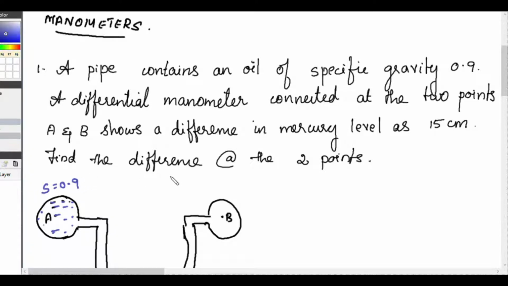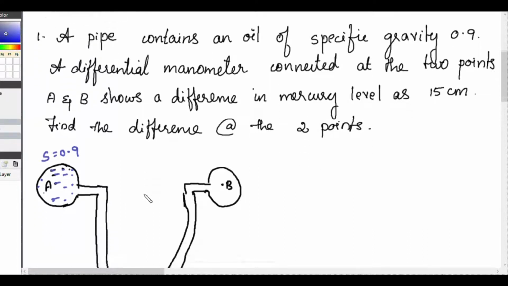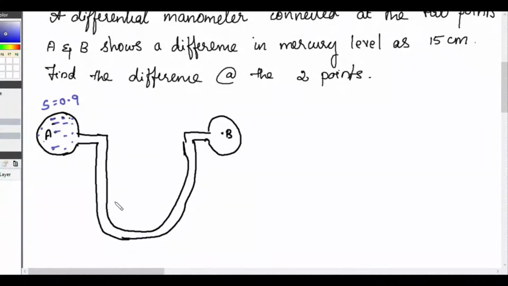Now a differential manometer connected to the 2 points A and B shows a difference in mercury level as 15 centimeter. So one liquid is oil and the other liquid is mercury. It is said that the difference in the level of mercury is 15 centimeter.